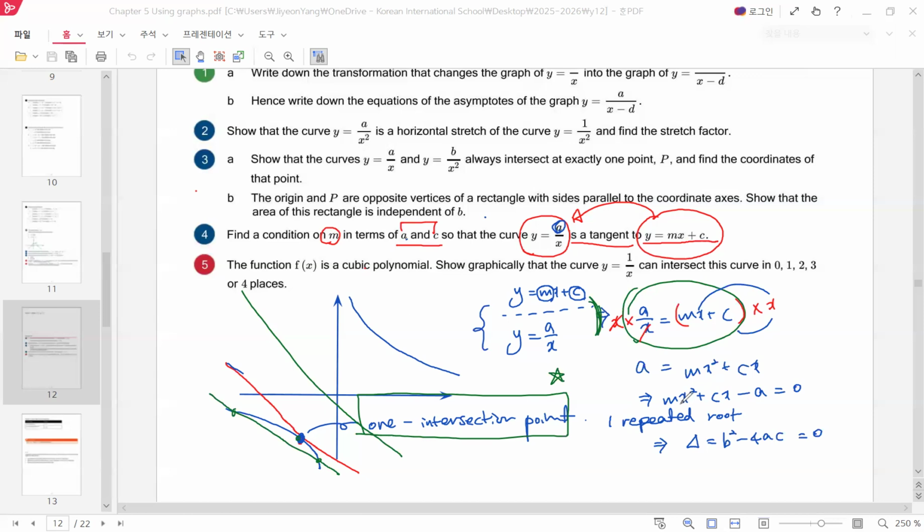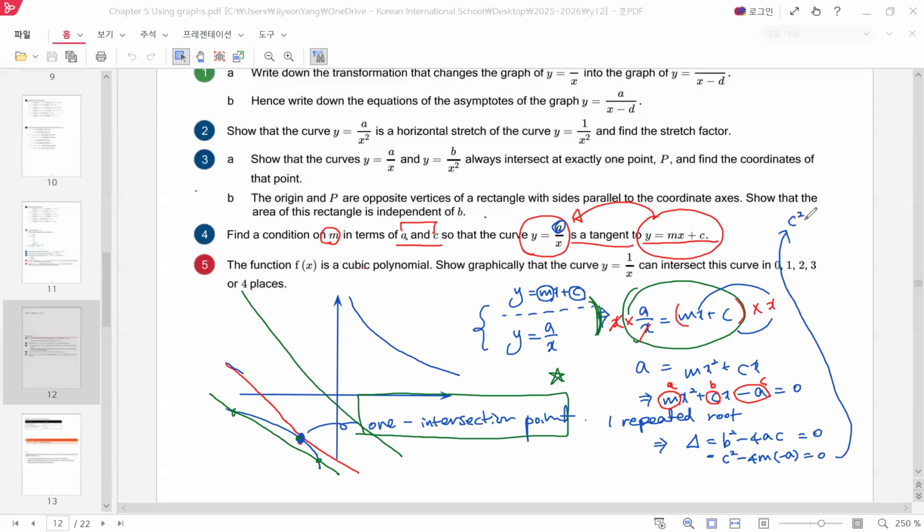The coefficient of x squared, which normally we call a, is m. The coefficient of x, which is normally b, is c. And the constant is minus a. It's a bit confusing because we have a, b and c used in different ways. So c squared minus 4 times m times minus a equals 0.